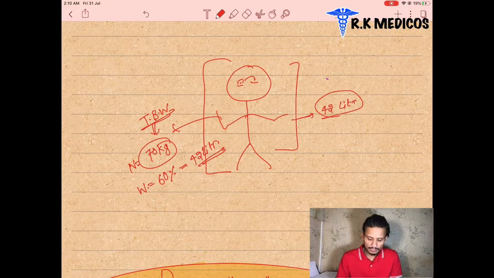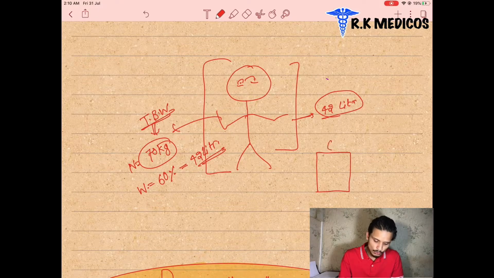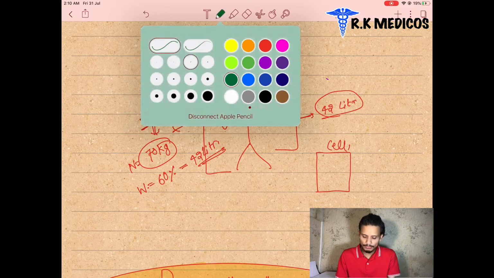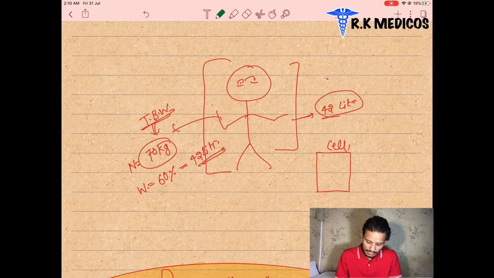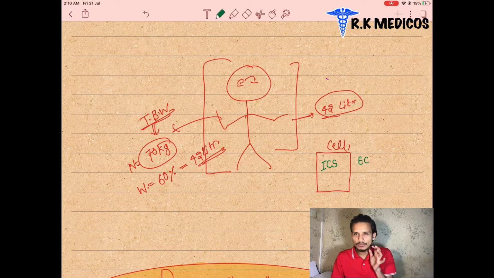Now suppose this is a cell, and the cell has two spaces. Inside the cell, the space is called the intracellular space, and outside the cell is called the extracellular space. The fluid present inside the intracellular space is called intracellular fluid, and the fluid present outside the cell is called extracellular fluid.